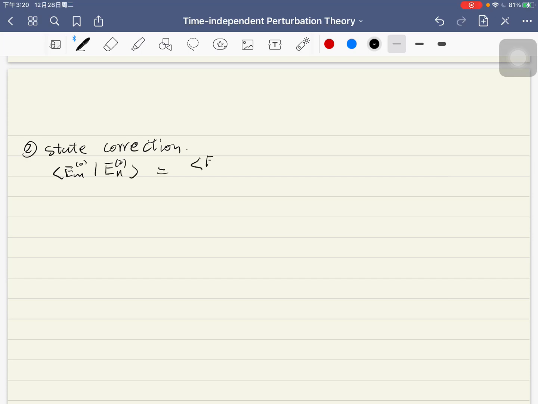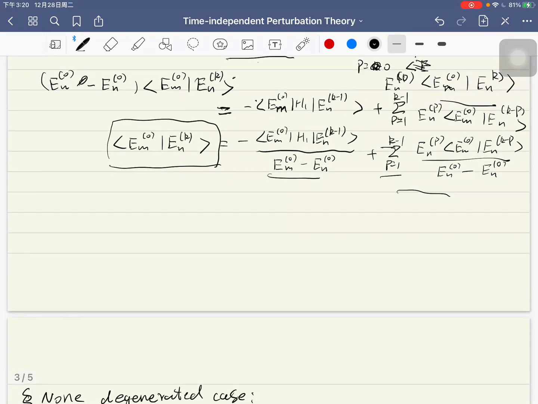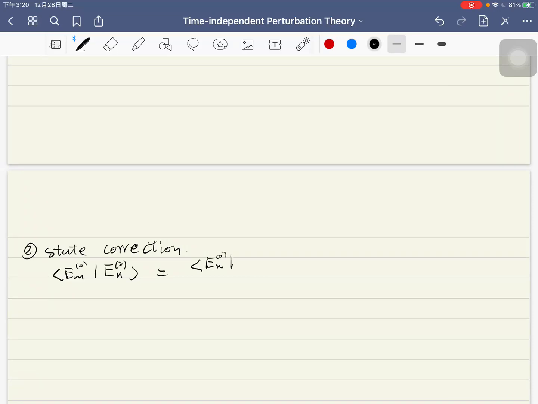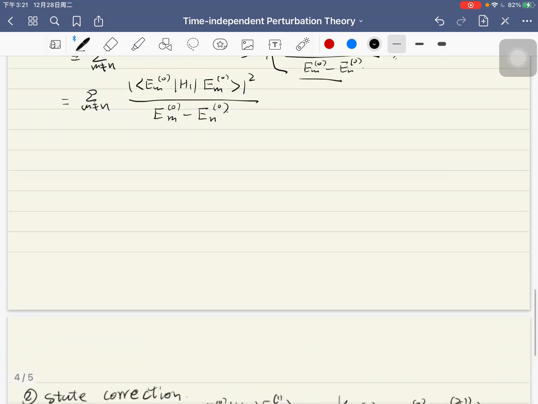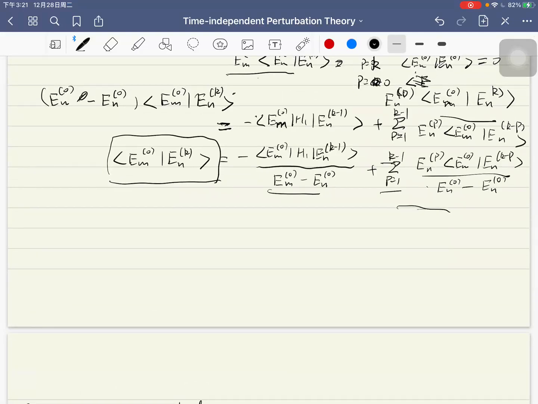So the first part is E_m0 H1 E_n,k minus 1, k equals 2, so here is 1, and E_n0 minus E_m0. And the sum over p from 1 to k minus 1, this is 1, so only p equals 1, E_1, E_m0, E_n2 minus 1, m0 minus E_n0. Let's check it. This is right exactly.